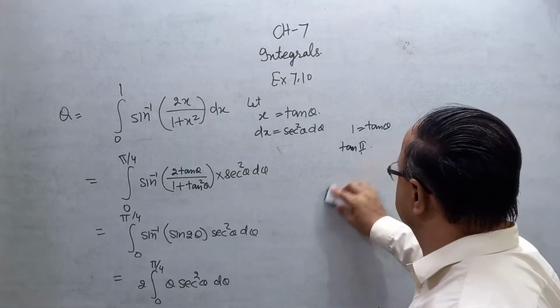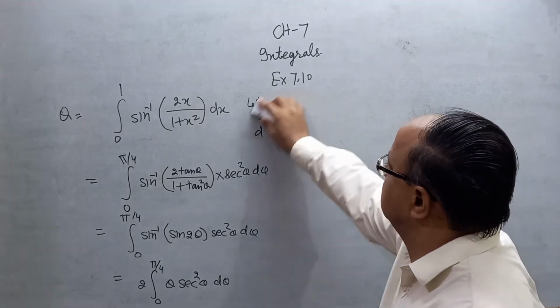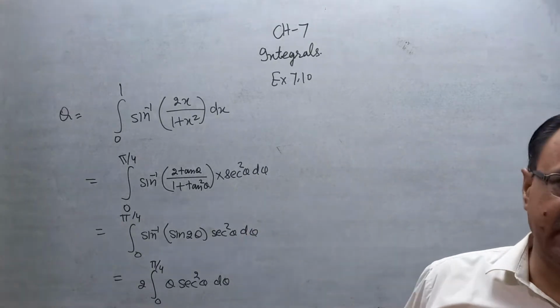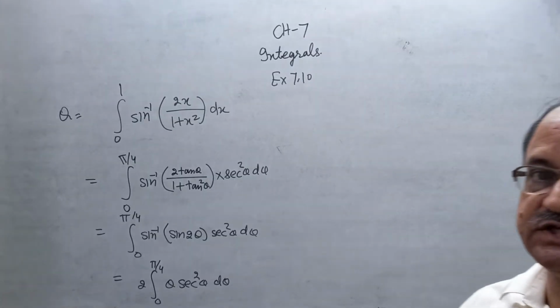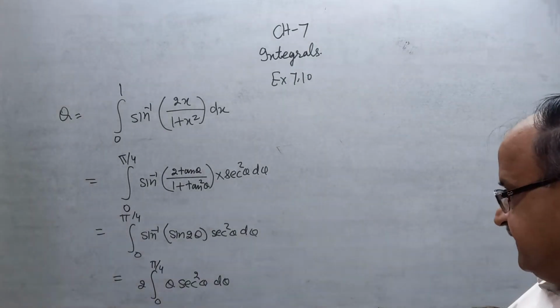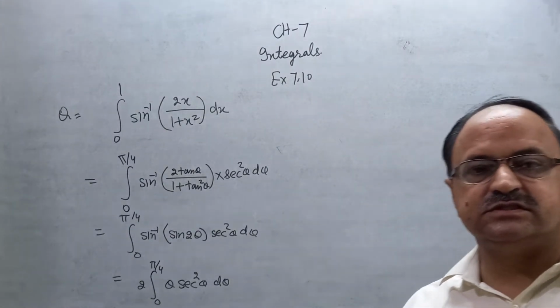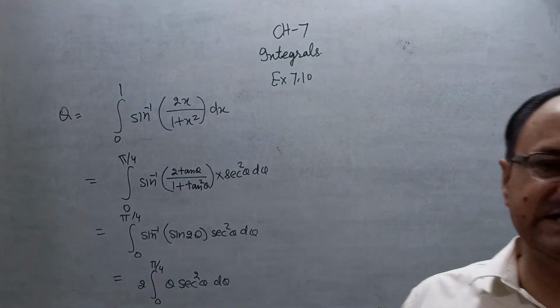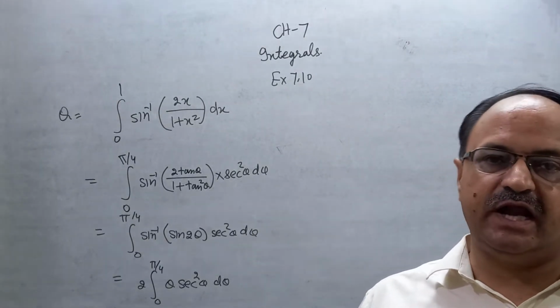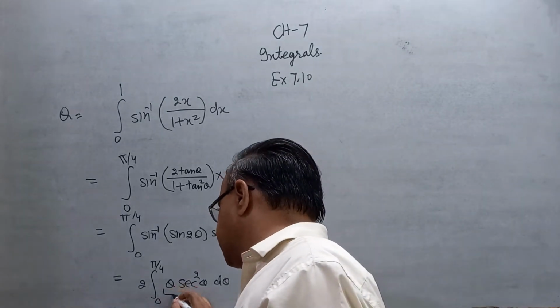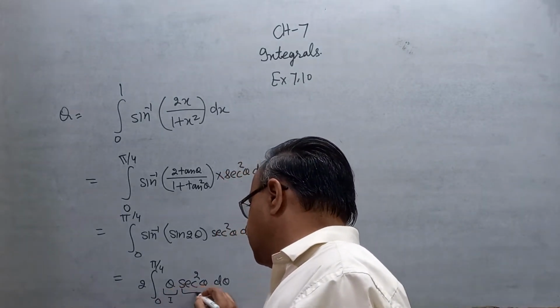Now you can use integration by parts. According to ILATE, which function is the first? I is inverse function, L is log, A is algebraic, T is trigonometry, and E is exponential. According to that, 2 theta is algebraic, so it is the first and sec square theta is second.